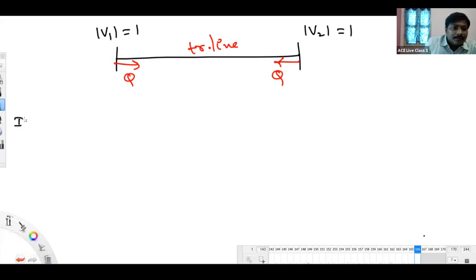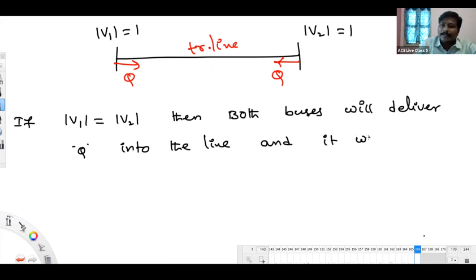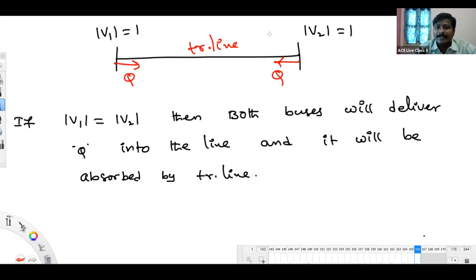Okay, so if mod V1 and mod V2 values are equal, then both buses will deliver reactive power into the transmission line, and it will be absorbed by the transmission line itself. All of you understood this meaning?